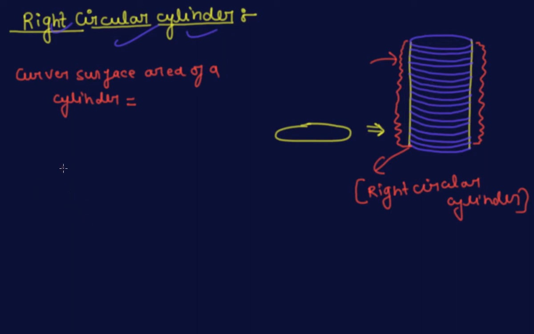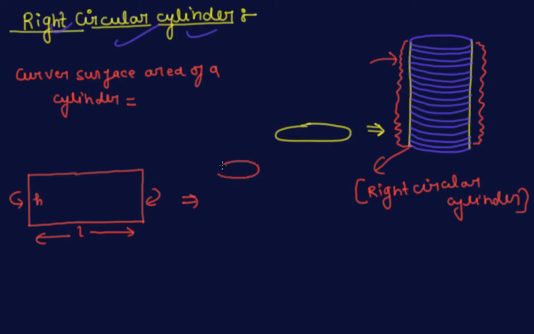If we take a rectangular sheet with height h and length l, and wrap it up, folding it like this, it takes height h.